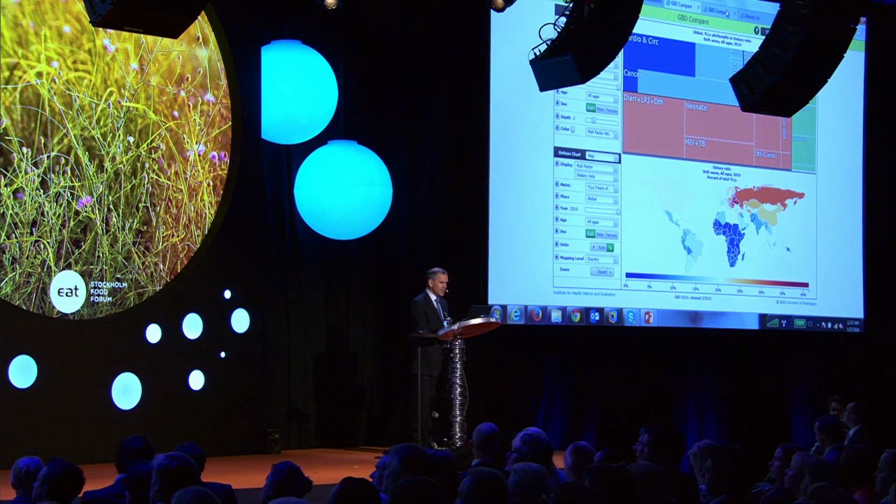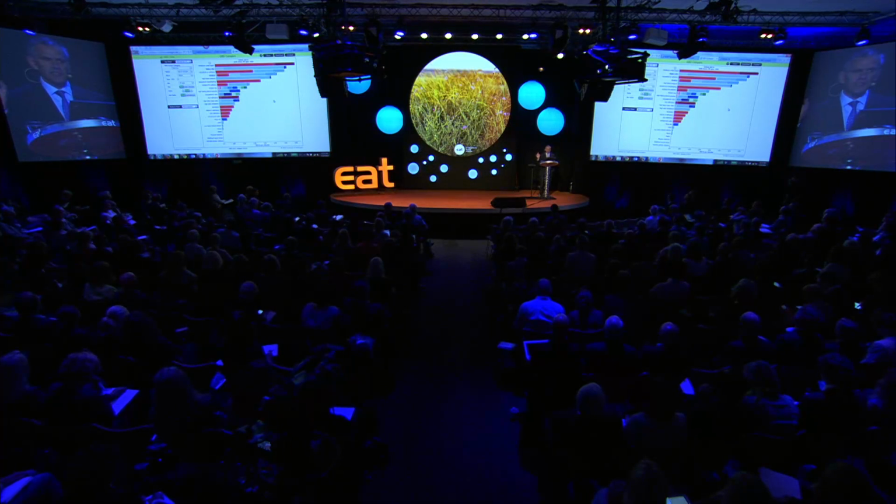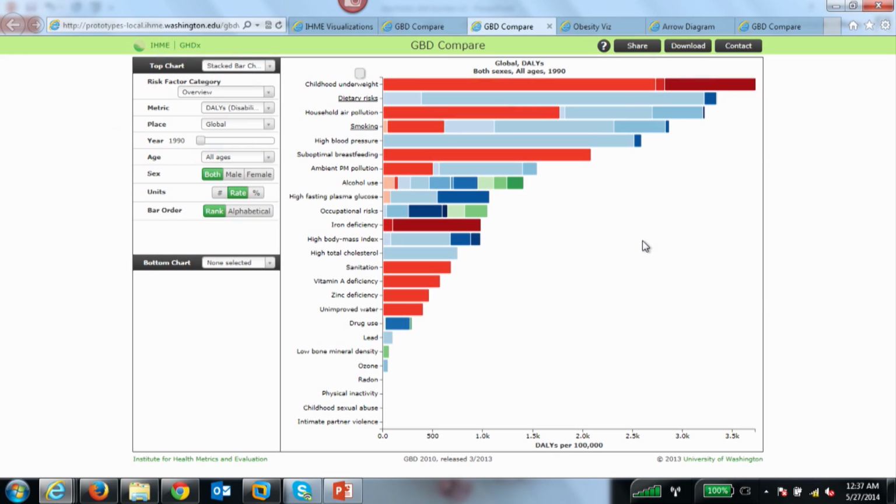So another way to think about diet is to look at the giant transition in risk around the world. So I'm back in 1990, and I'm showing the fraction of disease outcome, years of healthy life, that's attributable to different factors. Top one there is childhood underweight, then diet composition, indoor air pollution, smoking, high blood pressure, et cetera.